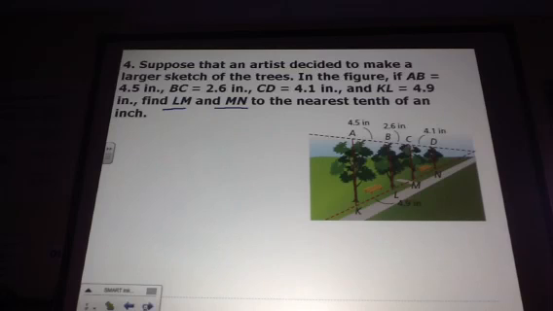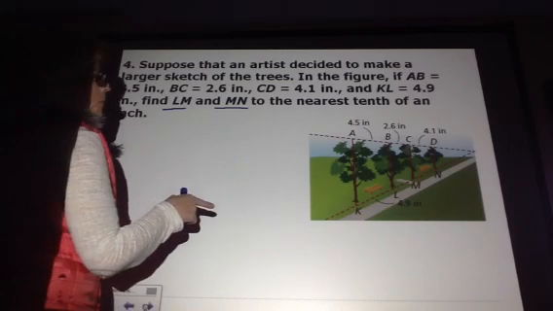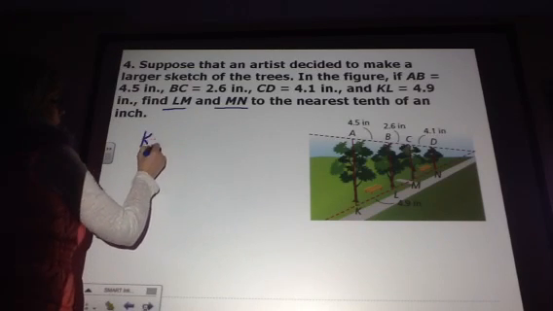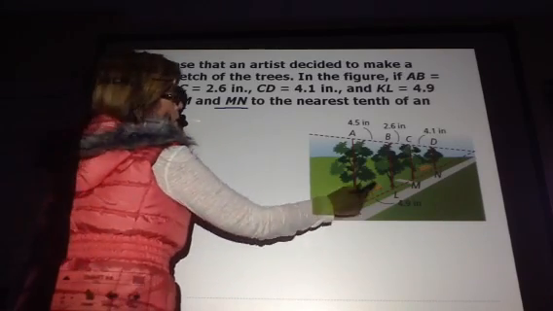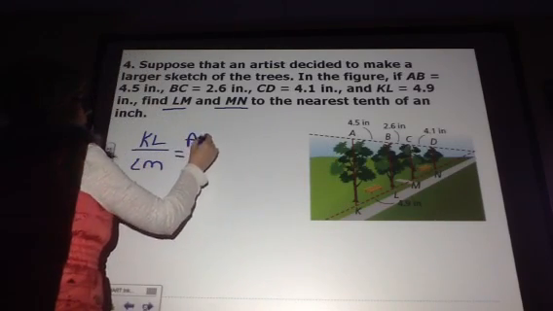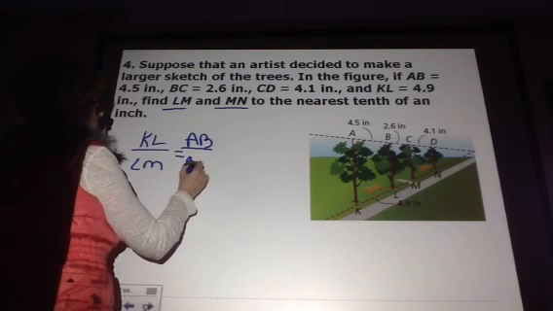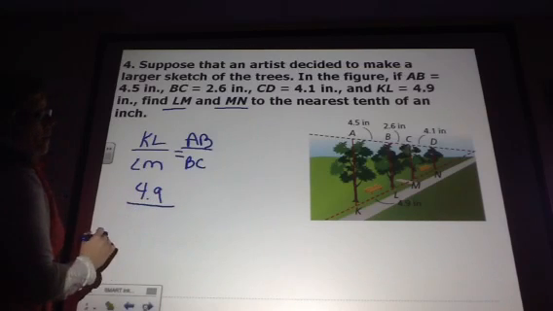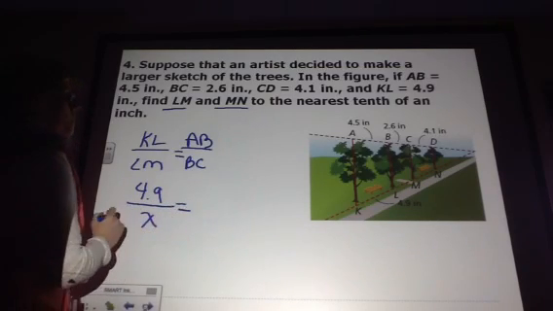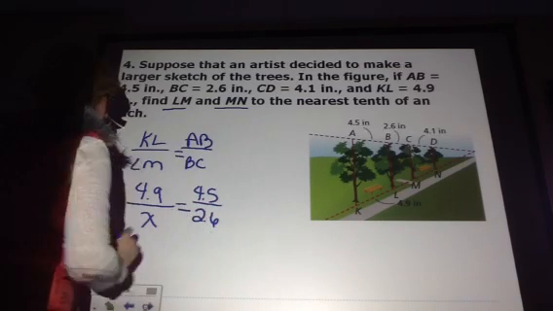Okay, so all of our units are already in inches, so all we need to do is set up. Okay, so we need to find LM. So what we can do is put KL over LM. KL corresponds to AB, and LM corresponds with BC, and then substitute in 4.9 over our X, 4.5 over 2.6.